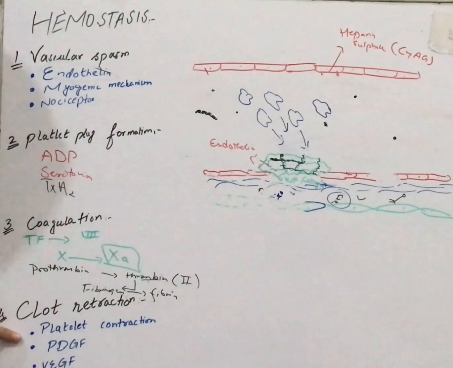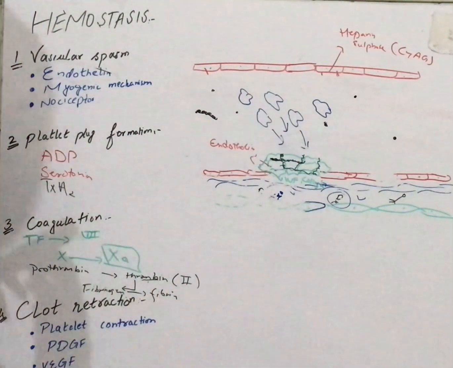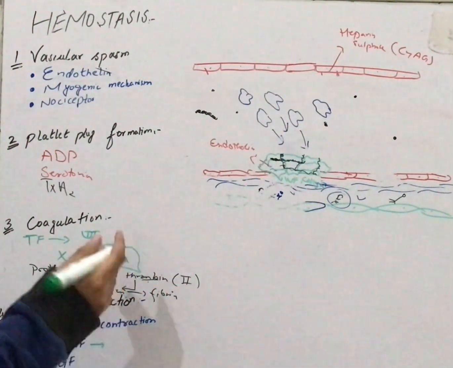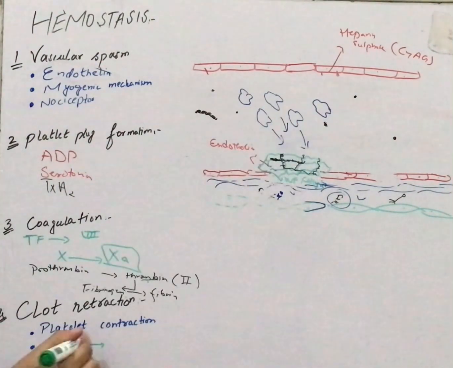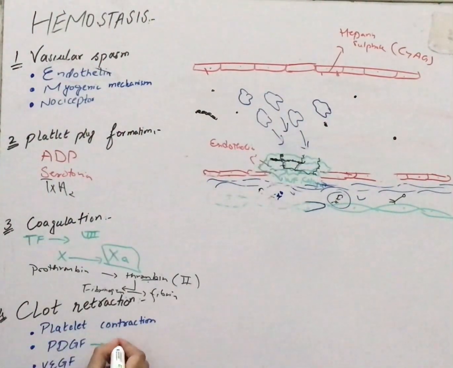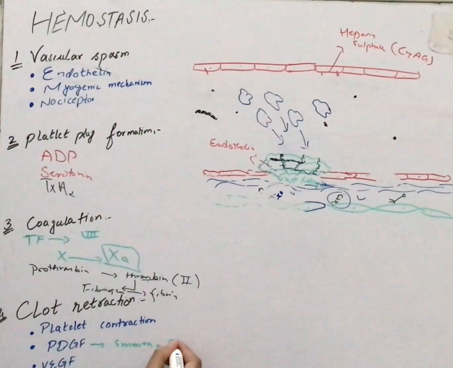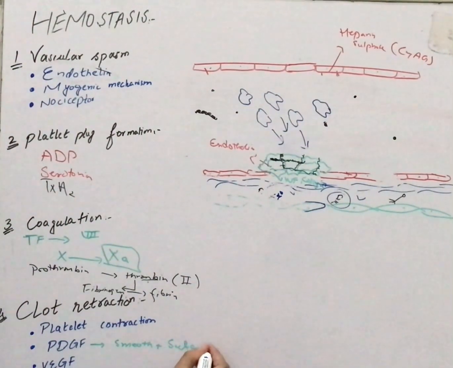Second thing is platelet derived growth factor. Now what is this factor, and what does it help with? It helps connective tissue formation. Platelet derived growth factor means these platelets will release some growth factors which will help smooth muscles plus subendothelium to repair.